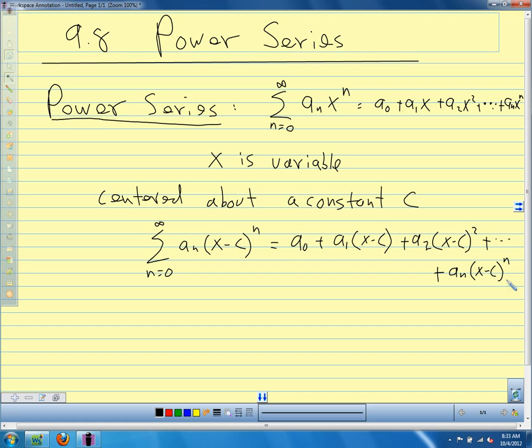So what we're doing with power series is we look at these power series as a function of x. Since x is a variable, they're a function of x. And we say that the domain of a power series is the set of x values for which these converge.